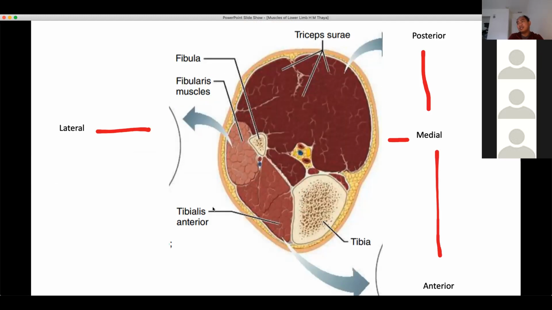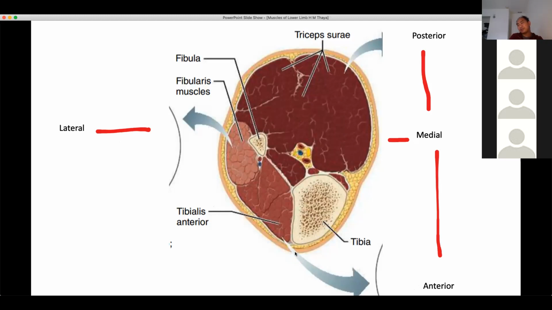We are dividing the right leg. This is anterior, this is posterior, this is the lateral, and this is the medial aspect. We can see our tibia, which is just underneath the skin, and the surface of the tibia is on the anterior and medial aspect.